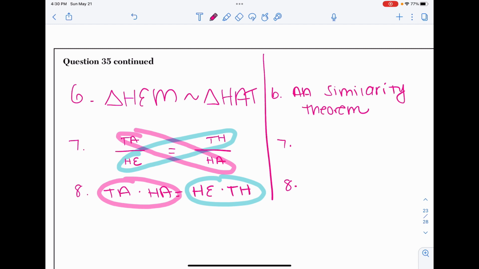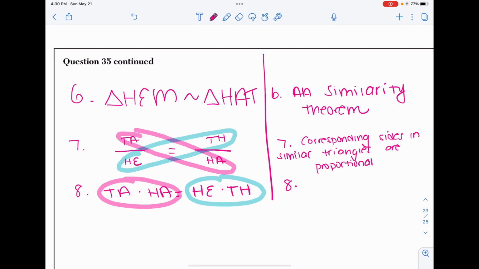How did I know to write that proportion? Well, that's because corresponding sides in similar triangles are proportional. And you can also abbreviate that. I let my students abbreviate it CSSTP.